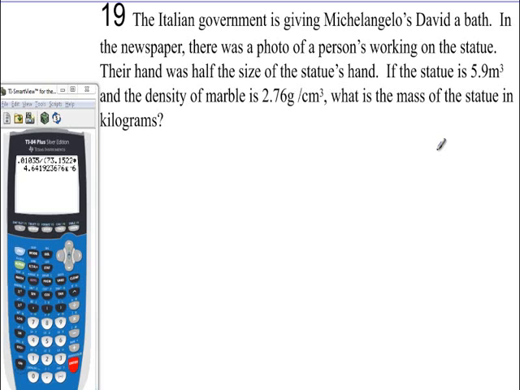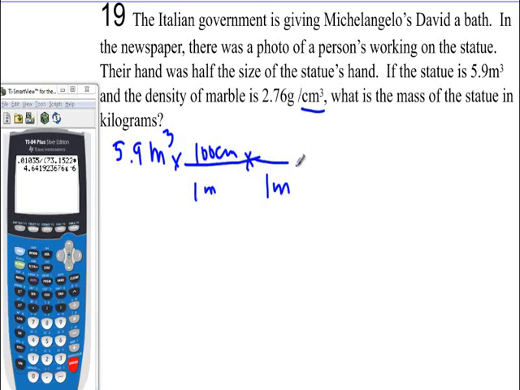Okay, so I got to convert units, and then I've got to use my density to get mass. So if I have 5.9 meters cubed, and I need to get it to centimeters cubed, right? What I know is 1 meter is 100 centimeters, and if I do that 3 times, I'm going to cancel out my meters cubed.